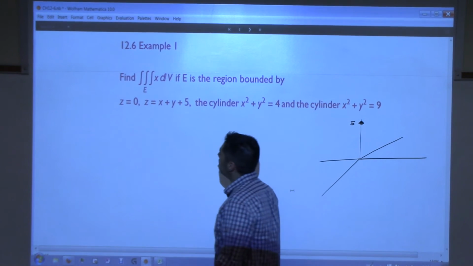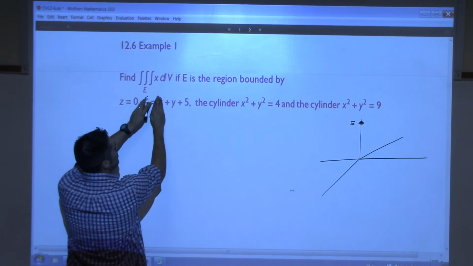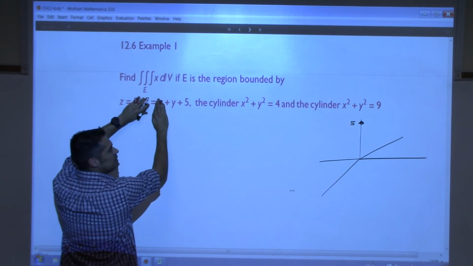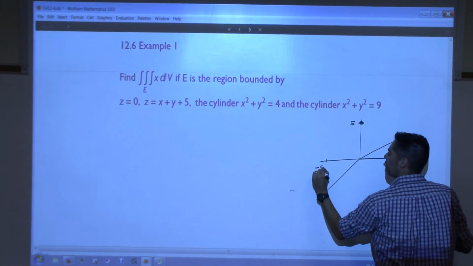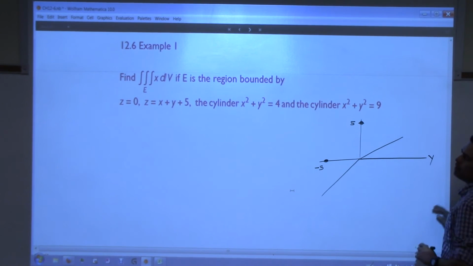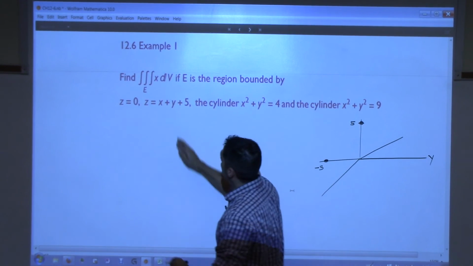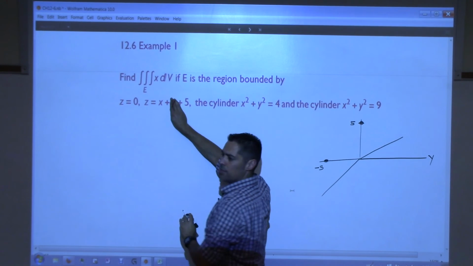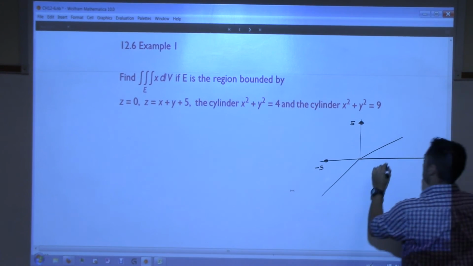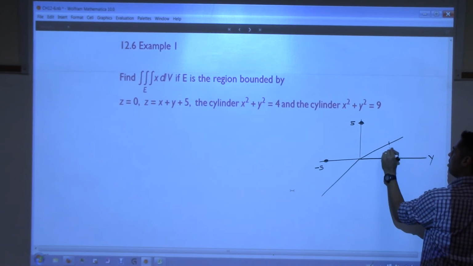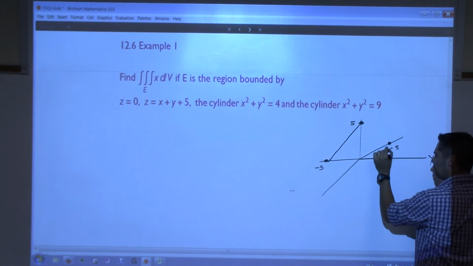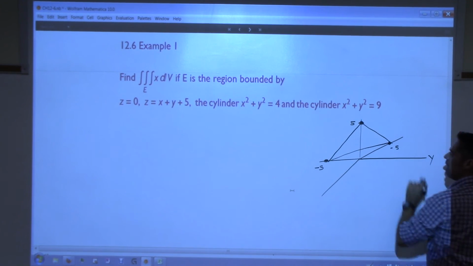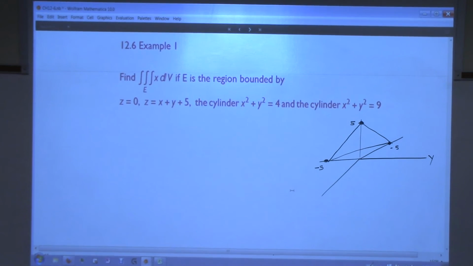If x and z are 0, y is -5, which would put me over here. And if y and z are 0, x is -5, which would put me back here. So if I connect these together, I have this plane. It extends in all directions.